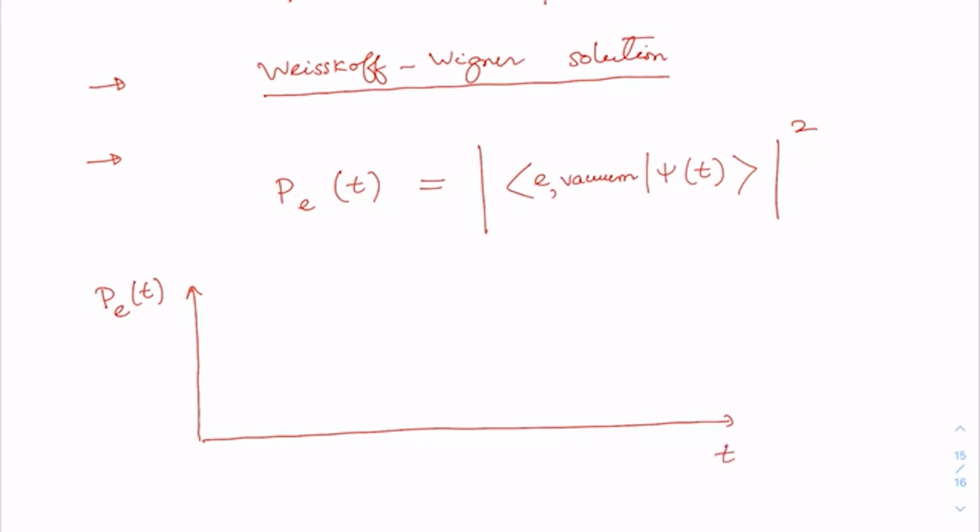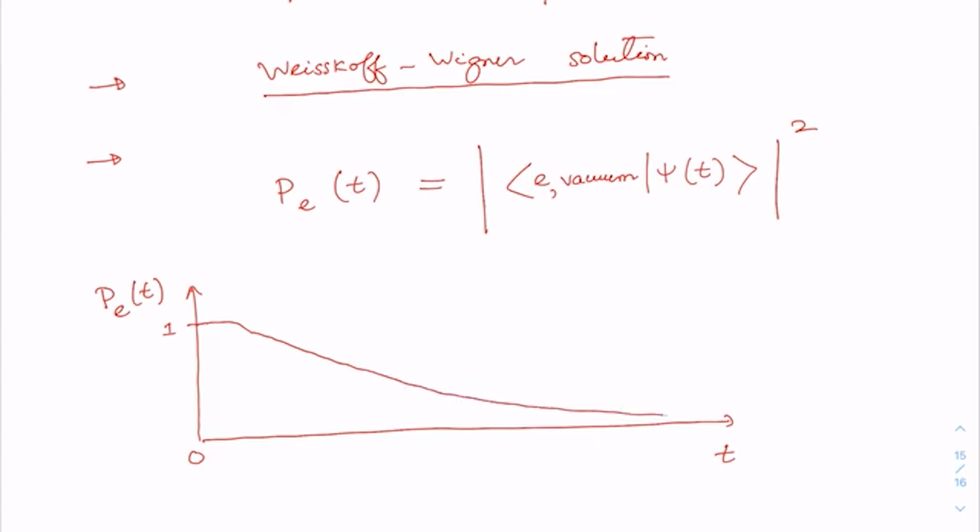Suppose initially, at time t equal to 0, the atom is in the excited state, so it will start from 1.